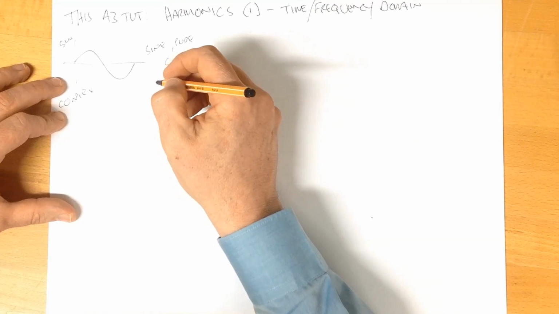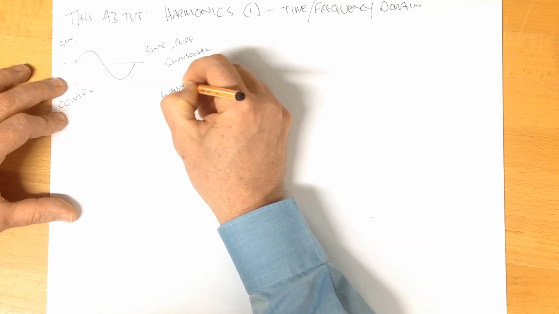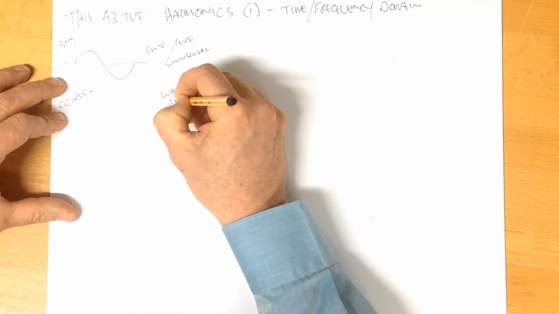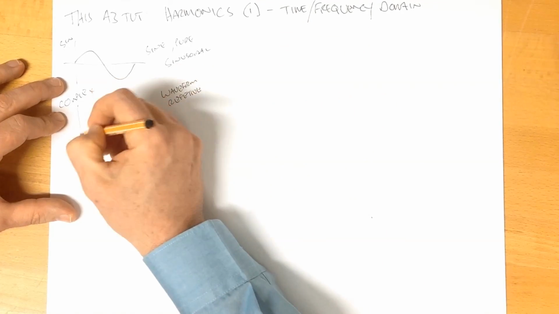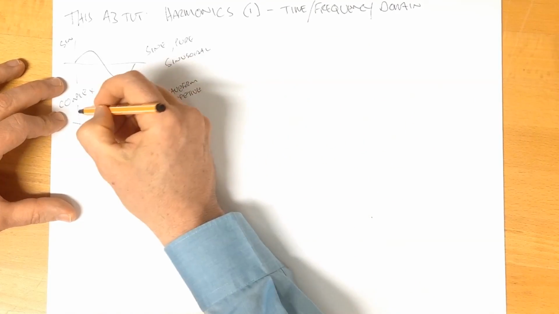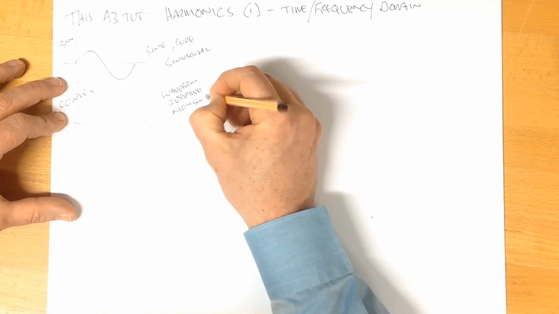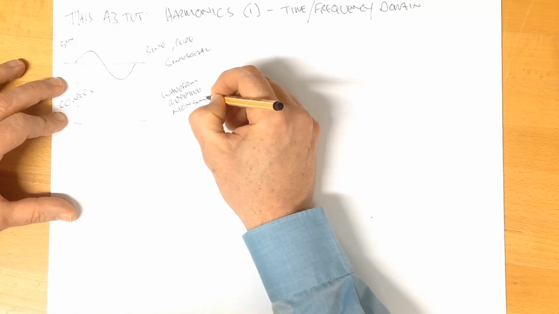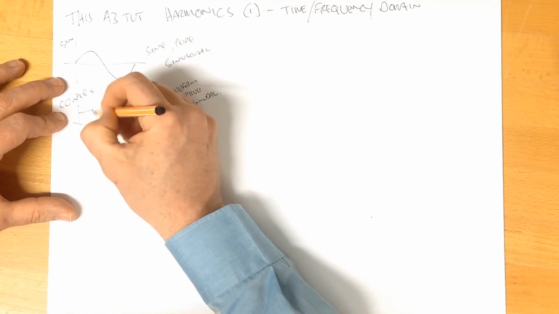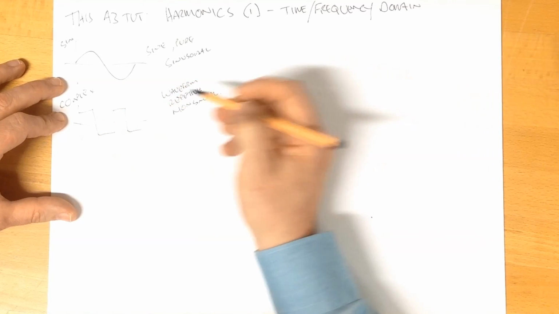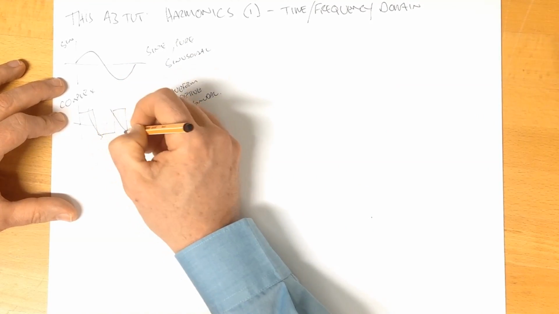Now, before I sketch one of these, it needs to be a waveform. It needs to be repetitive. Okay? So, for example, a complex wave that is non-sinusoidal and is repetitive, it could be some form of square wave, it could be a triangular wave of some type, something like this.